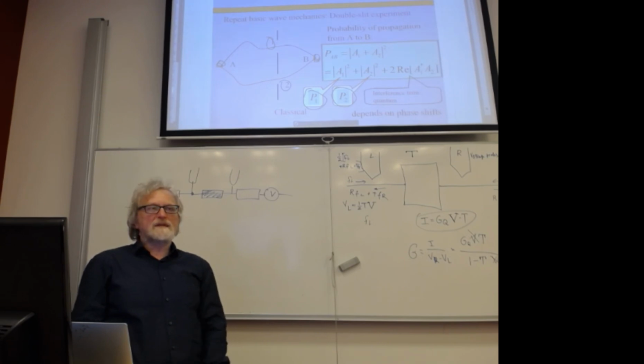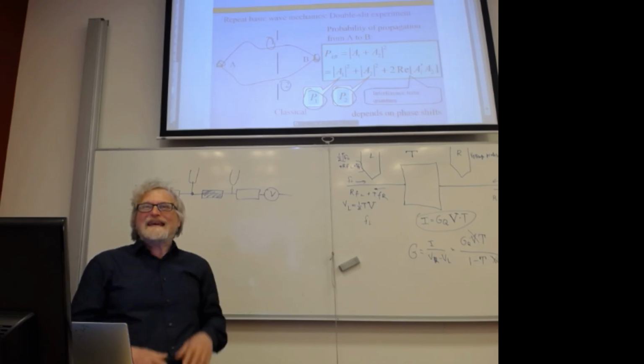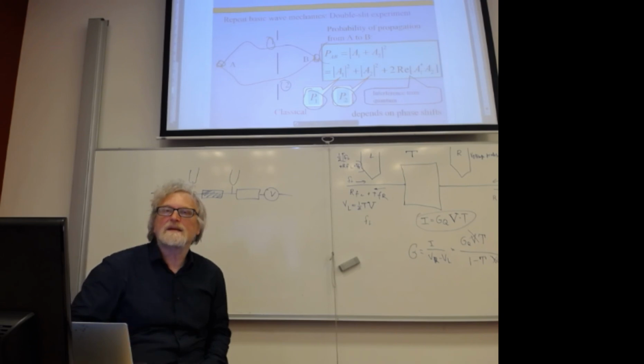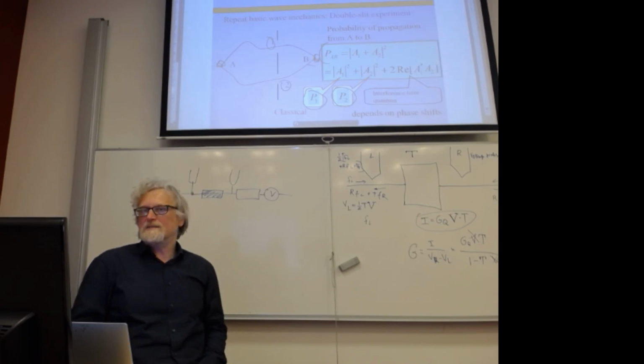This is not what wave mechanics tells us. In wave mechanics, the probability is proportional to the square of the wave amplitude at B, and this amplitude is a sum of two amplitudes, A1 and A2.